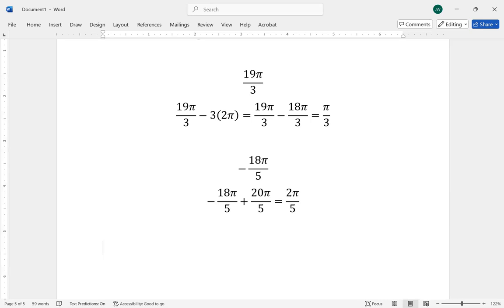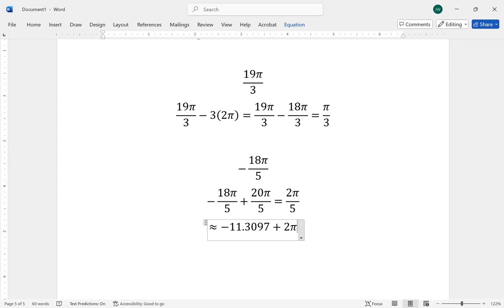In other words, take negative 18 pi over 5, which is approximately negative 11.3097, and then I'm going to add to it a copy of 2 pi and then see what my calculator gives me.